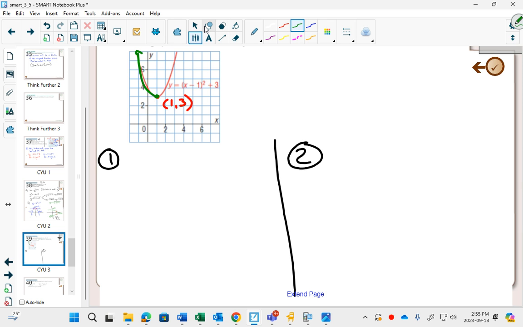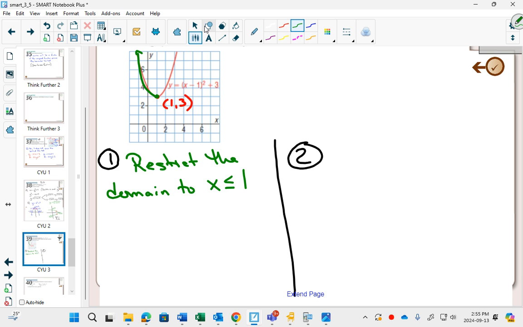And we can talk about only half of the parabola by restricting the domain. So I'll do this in green. Restrict the domain to x is less than or equal to 1. If we only take half the parabola, if I take the part to the left, it will pass the horizontal line test.